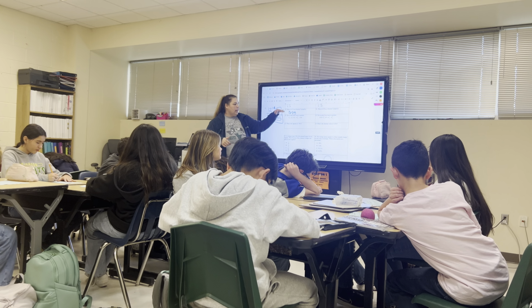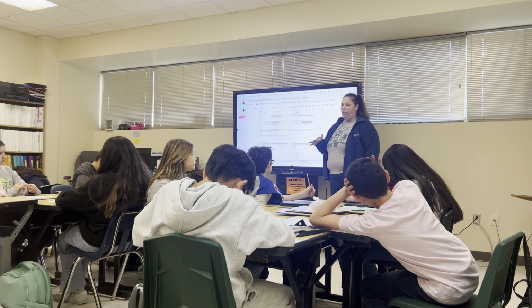Let's do number 22. Okay, I'm going to skip number 20 and 21 for right now. Number 22. We are going to put these numbers in order from least to greatest. Okay? We have some decimals and we have some fractions. They all have the same whole number though, right?